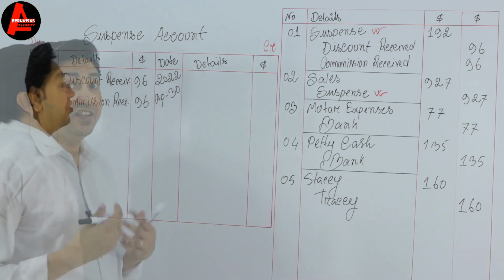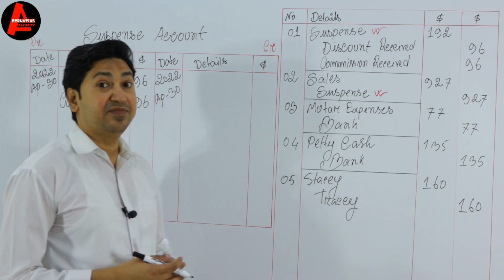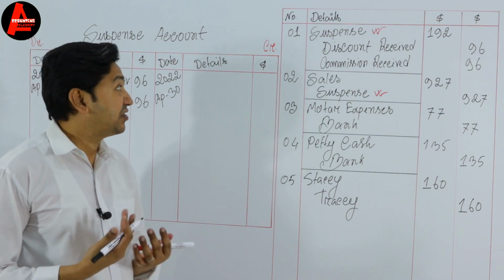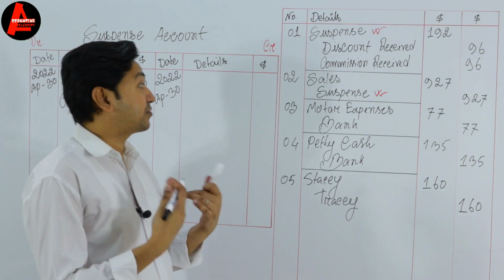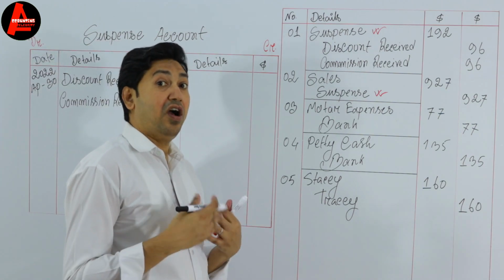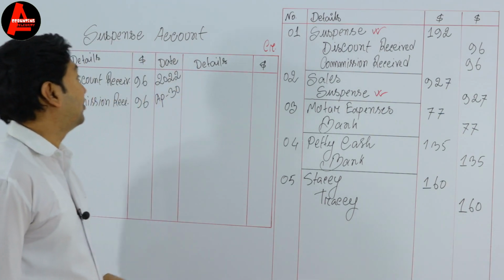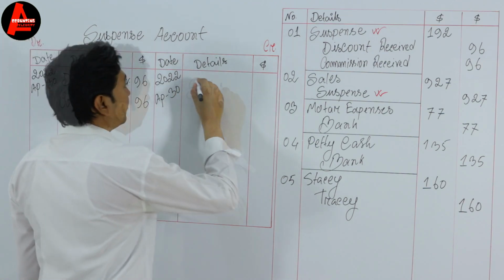Now you tell me what to write in the detail column. Yes, if you said it is sales, you are absolutely correct, because sales is the corresponding or opposite account of suspense. So let us write sales.